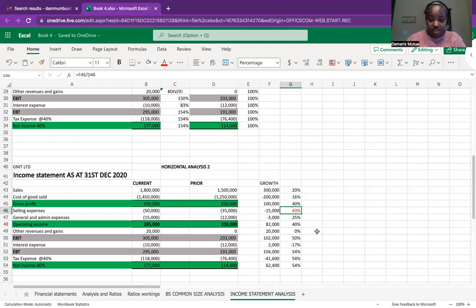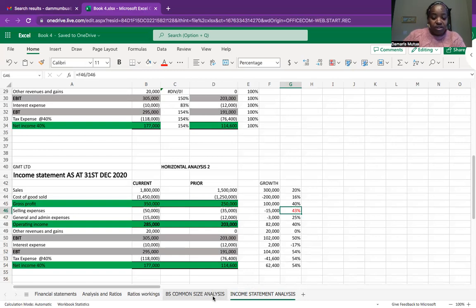But by doing a common size, reducing everything as a percentage of maybe your sales, or comparing one period to the other, you're able to know exactly what is happening to the organization. So that is the different analysis of the income statements that you can do to get an insight on the performance of the organization, and also compare it with the competitors' performance, and also with the industry performance. Then you're able to make better decisions as an organization.